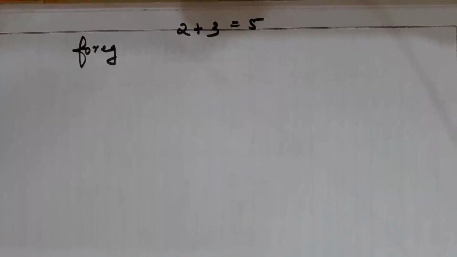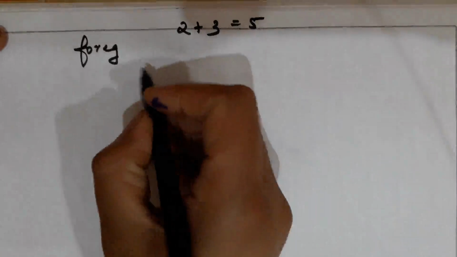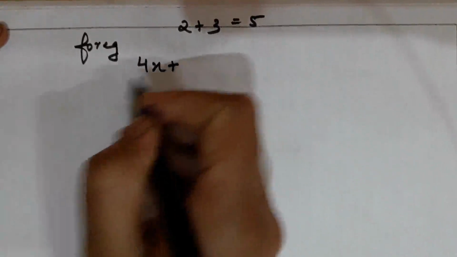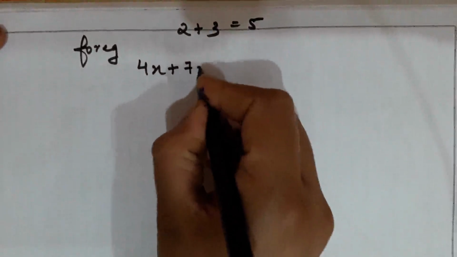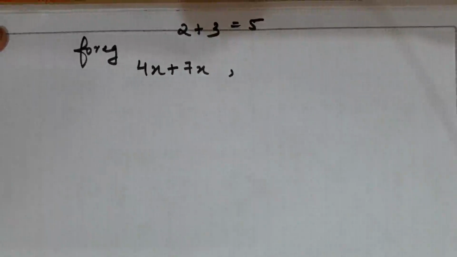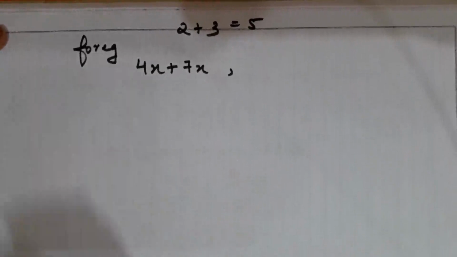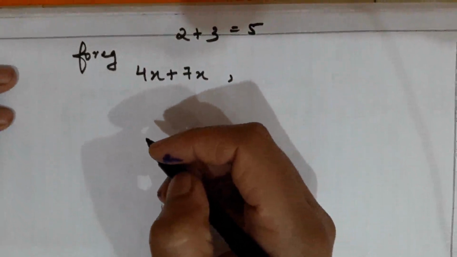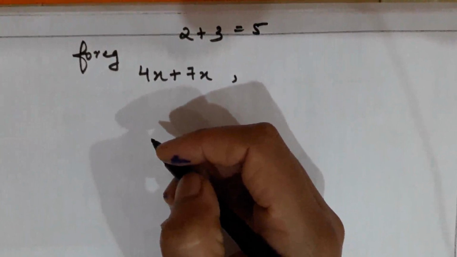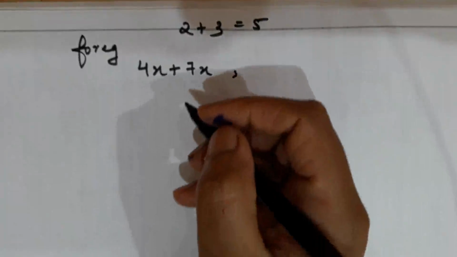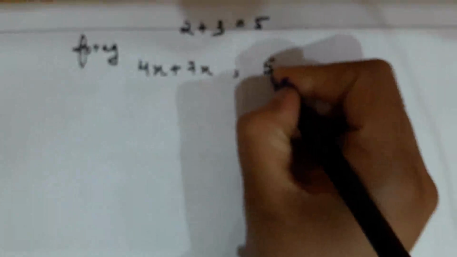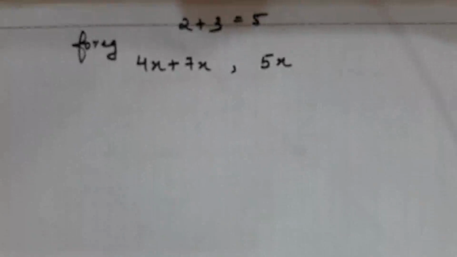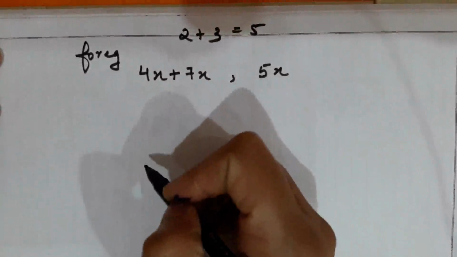But here we are talking about algebraic expressions, so we have to add algebraic expressions only. For example, 4x plus 7x is one expression, and second is 5x. Okay, so what we have to do, we have to add both of them.